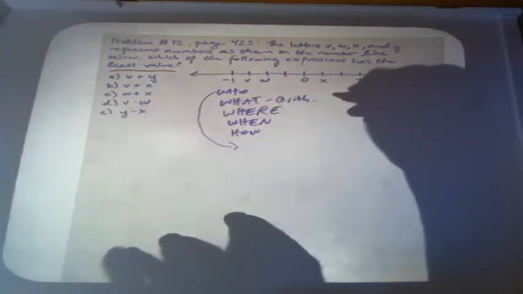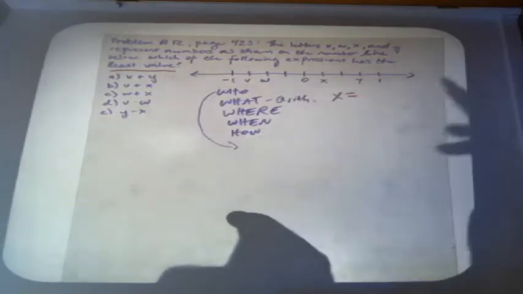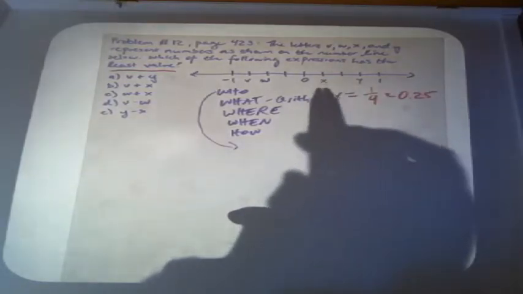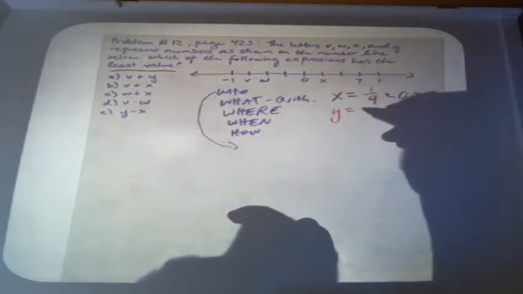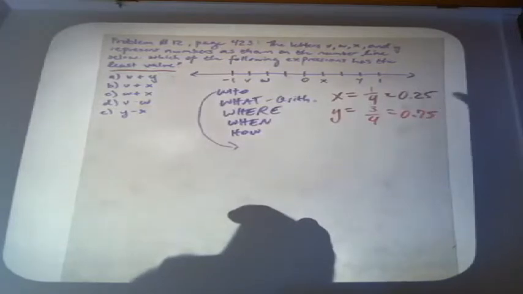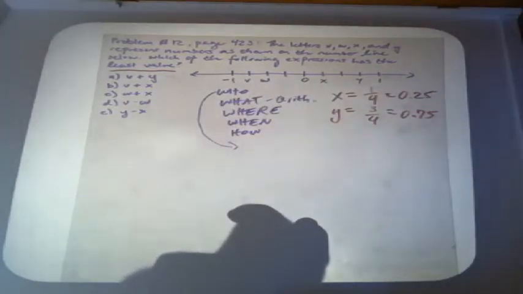Okay, so let's assign a value for X. X is 1/4 away from 0, which makes it 1/4 or 0.25. Now Y is 1/4 to the left of 1, which makes it 3/4 or 0.75. And then V is 1/4 away from -1, to the right of it.